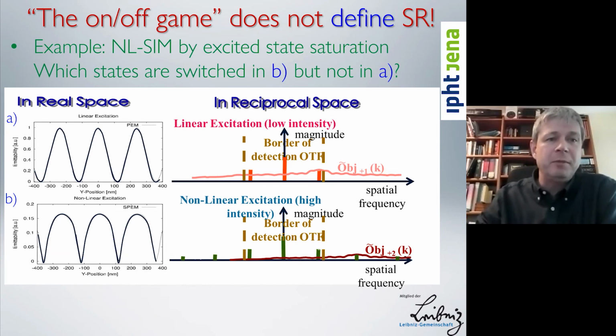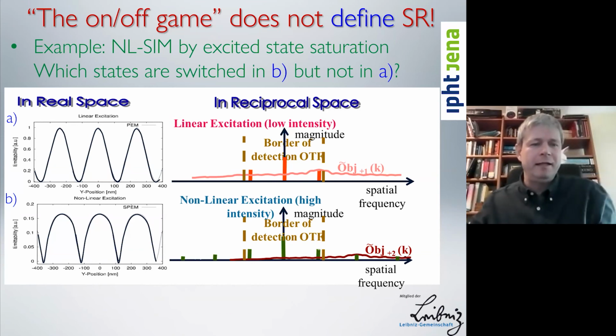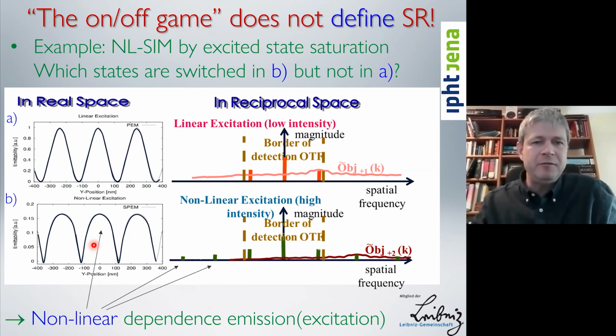So if you think about nonlinear SIM, you have this behavior, and I really have difficulties to imagine what would be different between a normal fluorescent SIM microscope and the saturated SIM microscope in the sense of switching states. So just by introducing the saturation, why have I changed my switching behavior somehow?